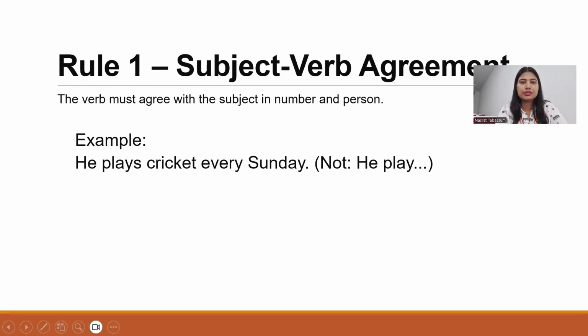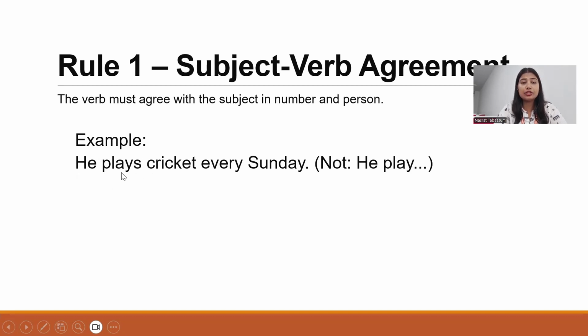First thing is subject-verb agreement. Whenever you see a subject and a verb, the verb should agree with the subject. What does that mean? Let's take this sentence as an example: He plays cricket every Sunday. Since he is third person singular, the verb that we use with he has to be singular as well.